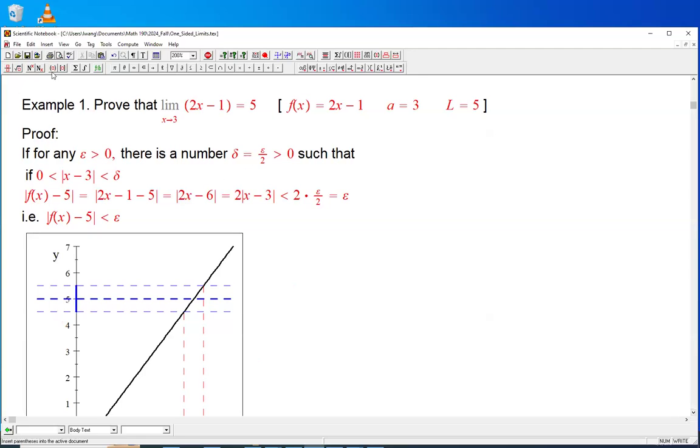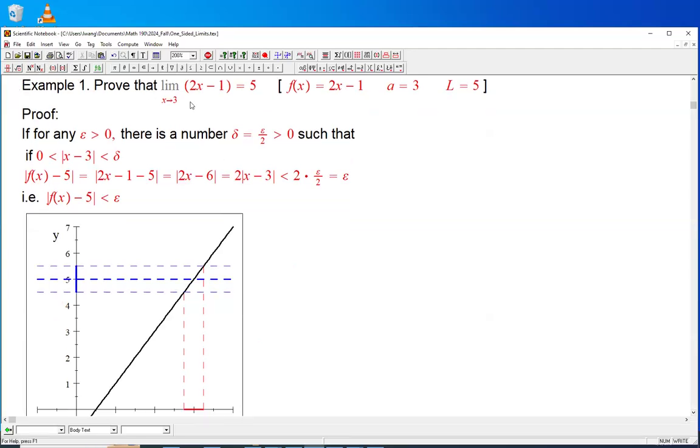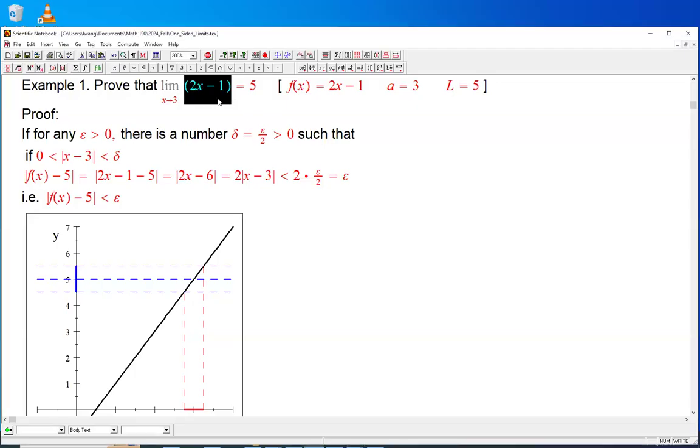take this first example. We have a function, of course, 2x minus 1. So this is a line, and it has many outputs. In fact, this function is defined everywhere, but we are only concerned with the limit in the neighborhood of 3.